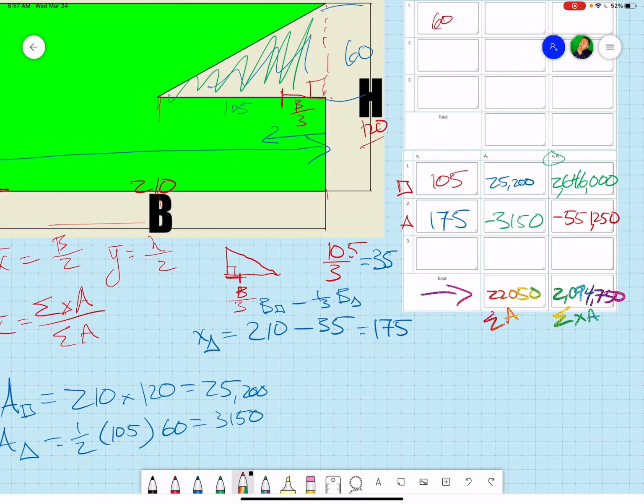Our final step to get our centroid location in the x will be just doing the sum of the x times the area divided by the sums of the area.